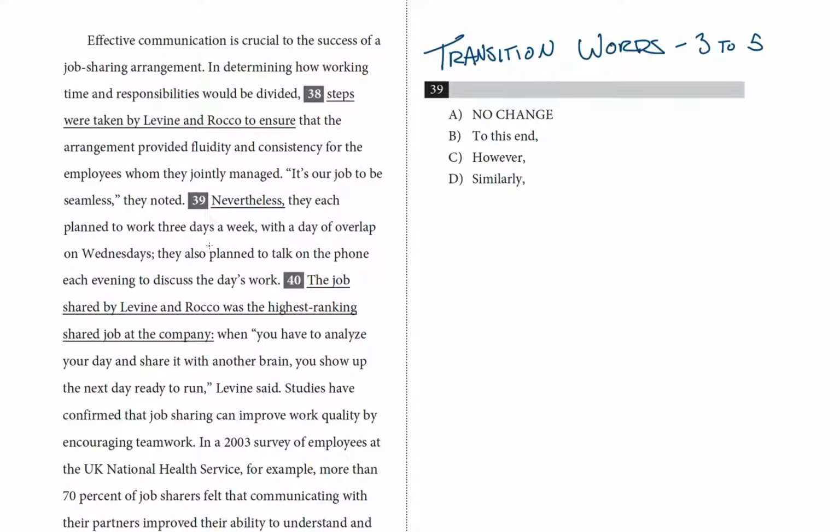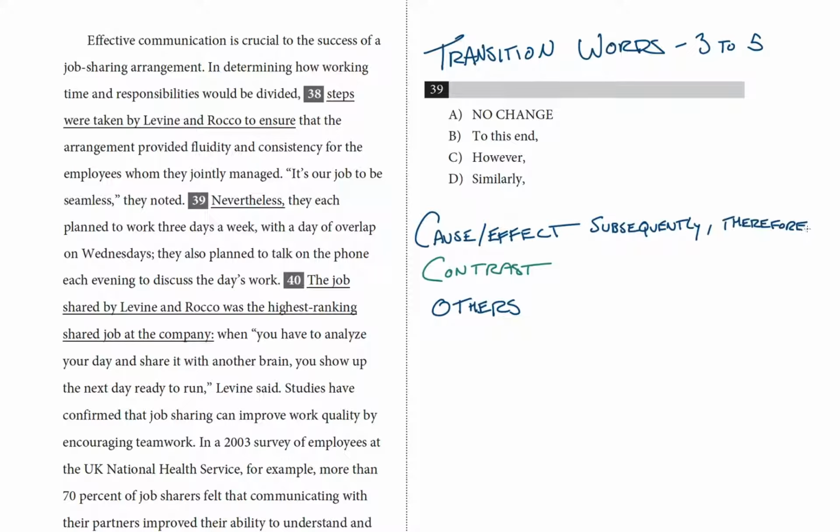There are tons of transition words or phrases in English. There are, in fact, too many to list, but luckily, they fall into a few major categories. On the Khan Academy Test Prep team, we roughly categorize transitions as cause and effect, contrast, and others. Cause and effect transitions do what you'd expect. They show a cause and effect relationship between one sentence and the next. These are words and phrases like "subsequently," "therefore," "as a result."